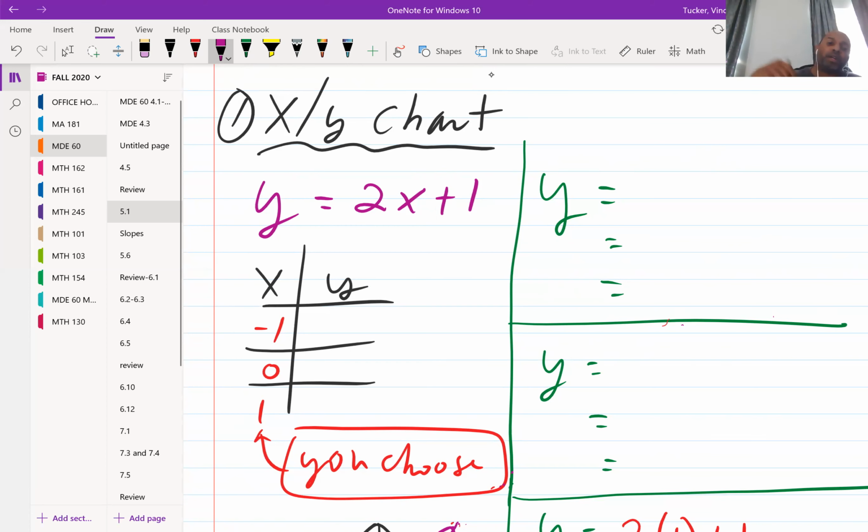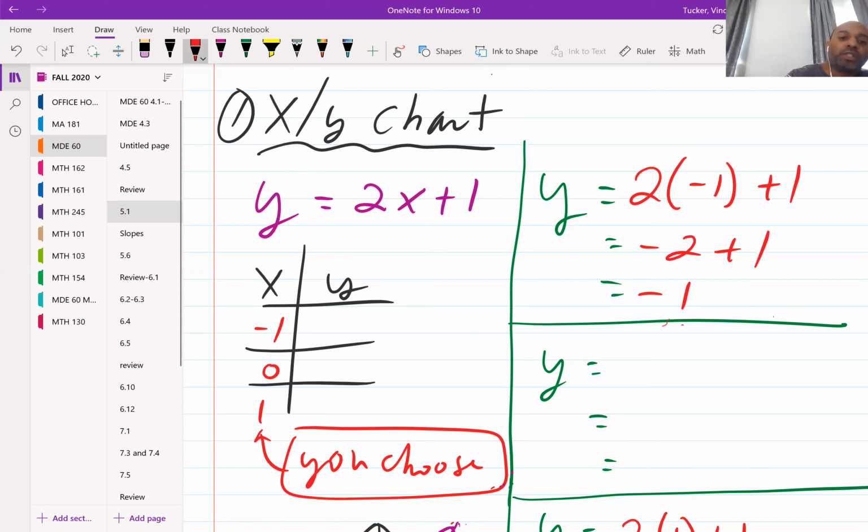Then from there, you plug in x to find the corresponding y value. In other words, when x is -1, what is y? That's 2 times -1 plus 1. 2 times -1 is -2, plus 1 is -1. So it just so happens that when x is -1, y is -1. Of course, that doesn't always occur.